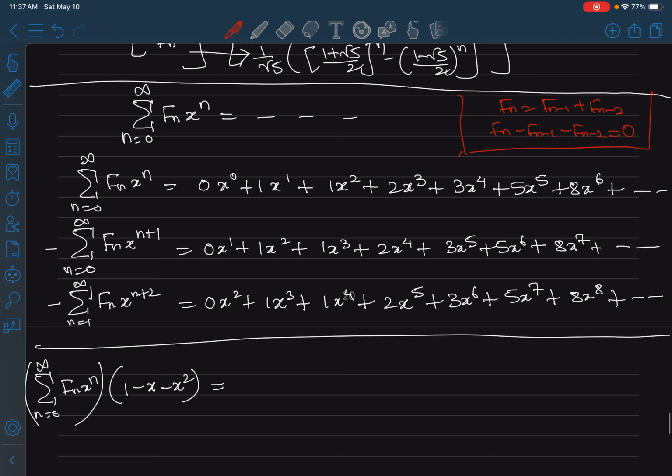Here, notice that 3x to the power 4 cancels with 2x to the power 4 and 1x to the power 4, because these two are subtracted. We are just trying to subtract these two from the first one. Similarly, 5x to the power 5 cancels with 3x to the power 5 and 2x to the power 5. 8x to the power 6 cancels with 5x to the power 6 and 3x to the power 6. 13x to the power 7 cancels with 8 and 5, and then 21 cancels with 13 and 8.